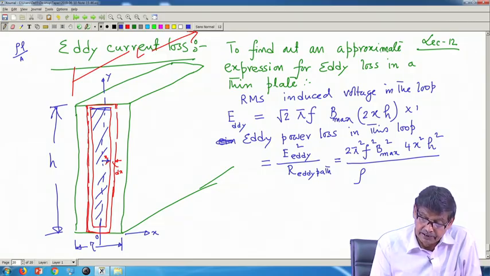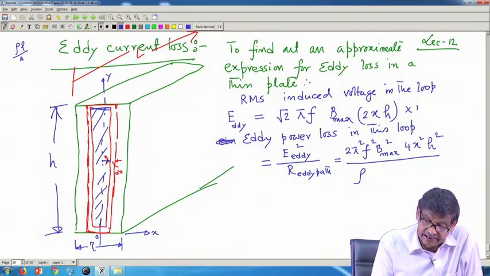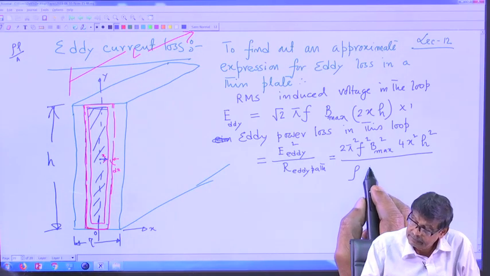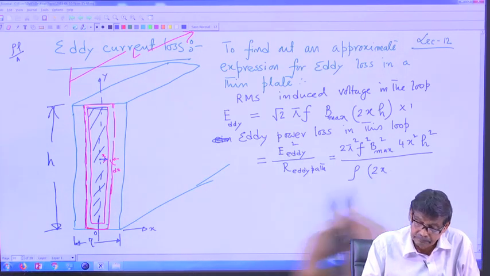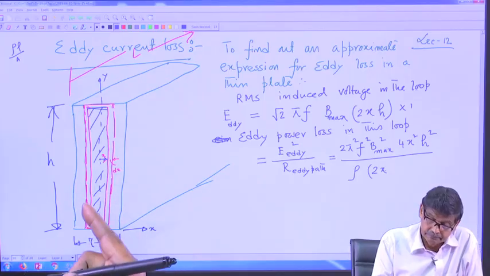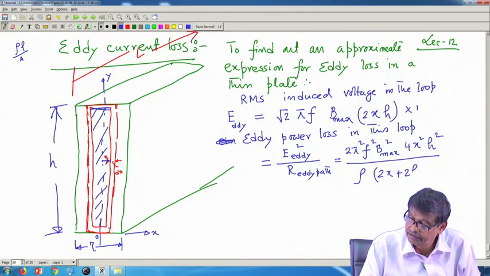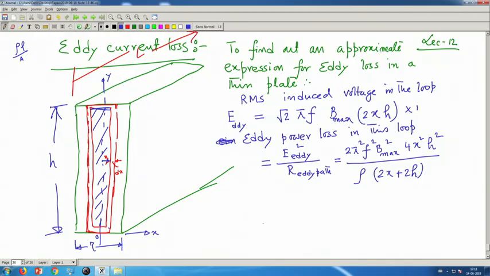L will be how much? The length of this path, current path. It will be 2x plus 2h, perimeter of this path, divided by the cross sectional area through which this current is flowing.